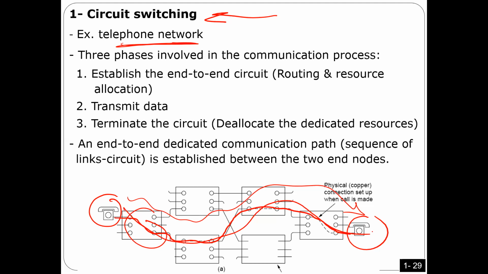I'm going to give you more details, but I want you to understand that circuit switching is good for voice communication. Packet switching is good in data communication. Why is circuit switching bad in data communication?